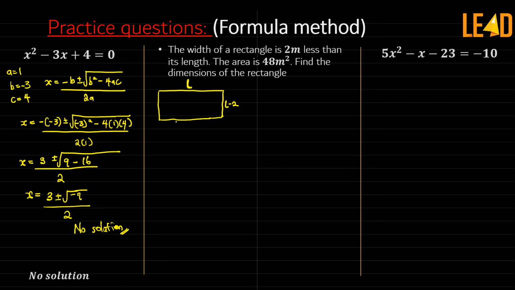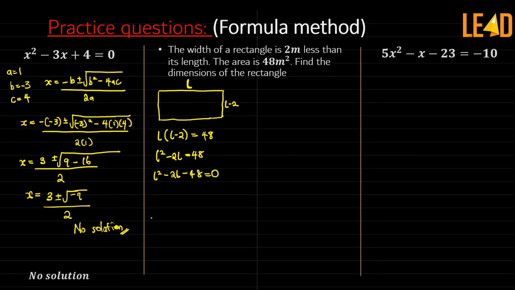The equation says the product of both of them, that's the area, should be 48. So our equation would be L(L minus 2) is equal to 48, because that's how you calculate area, length times width. If you multiply this in, you have L squared minus 2L is equal to 48. If you bring 48 over, we have L squared minus 2L minus 48 is equal to 0.